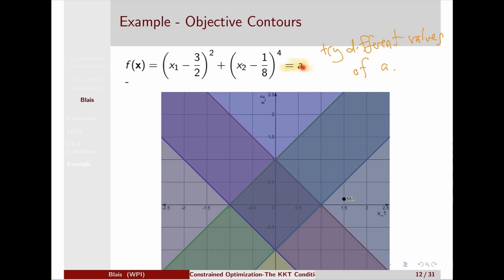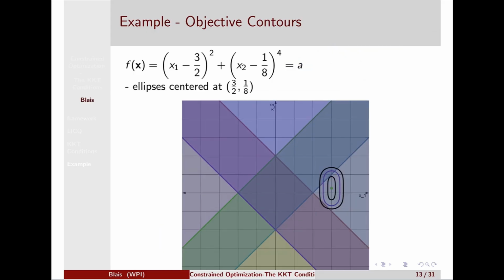If you set this equal to 4, we will draw a curve in the x1, x2 plane, and on that curve, f of x is always equal to 4. In this case, when we do that, we get ellipses centered at the point 3/2, 1/8. These are small values, 0.01, 0.05 for a. And as we increase those, the ellipses are getting larger and larger.